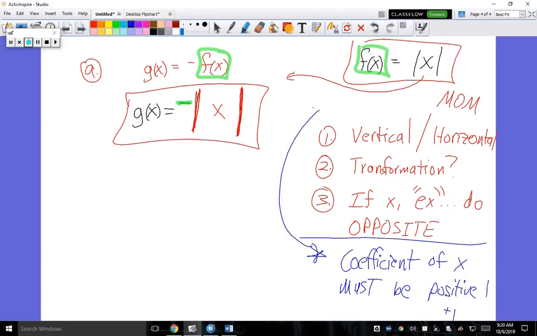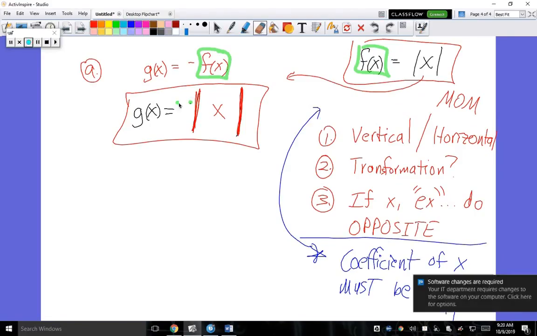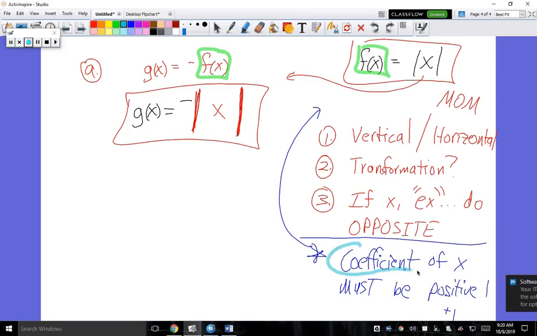So this has to happen first. Alright, here we go. I'll walk you through this with color highlight. Is the coefficient of x positive 1 right now? Yep, so we're ready to rock and roll.